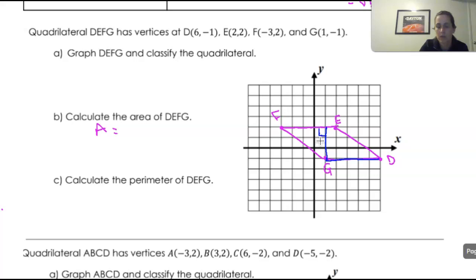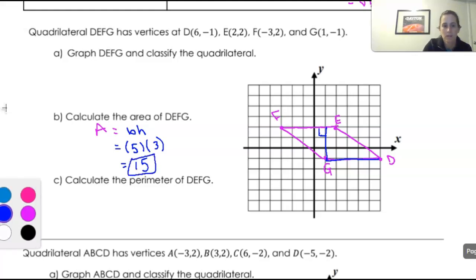So here would be my right triangle, and my height would be 1, 2, 3. So the area for a parallelogram would be base times height, and the height was 3, and the base is 5. So then the area would be 15.